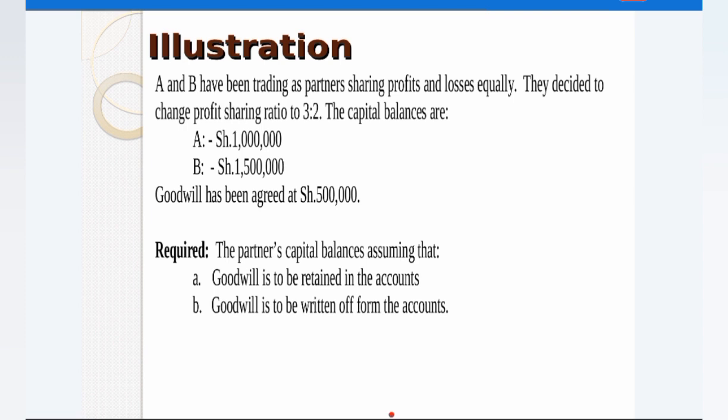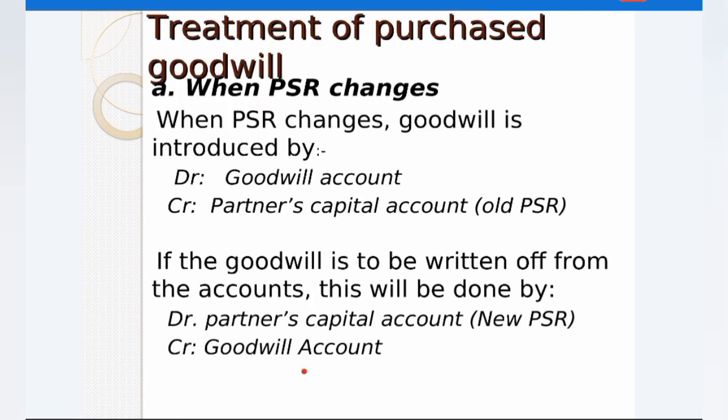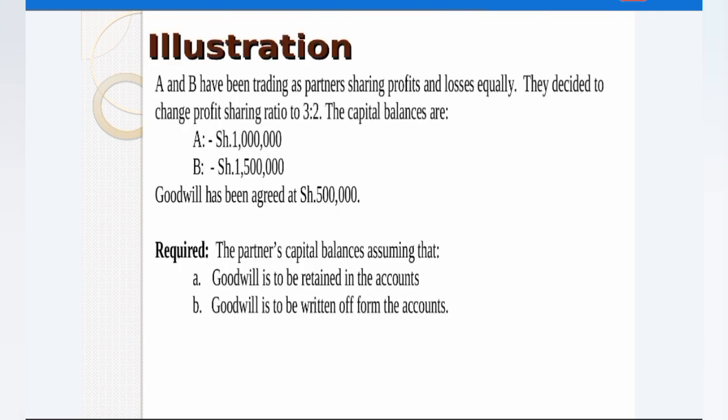And then now we are supposed to share this goodwill according to the old profit sharing ratio, 50-50, because the transaction that we are supposed to pass is to credit the partners' capital accounts with the share of goodwill in accordance with the old profit sharing ratio, and the old profit sharing ratio is 50-50.